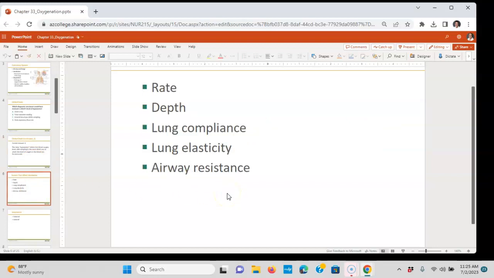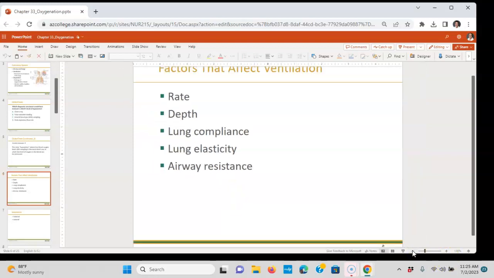So when we talk about respiration, we talk about the rate, the depth, the lung compliance, lung elasticity, and airway resistance. Lung compliance, especially in babies, they tend to not have very compliant lungs if they're less than 36 weeks. They don't have a lot of surfactant. On the other end of the scale, old people also may have less lung compliance and elasticity because of hardening, COPD, emphysema, elastic changes.